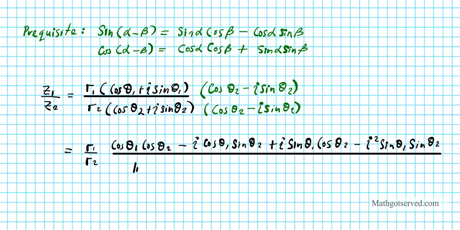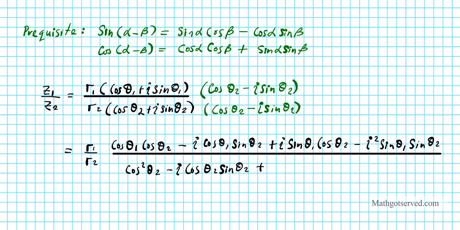First, I'll have cosine squared theta 2 for the first. Cosine squared theta 2. And then for the outer, minus i cosine theta 2 sine theta 2.